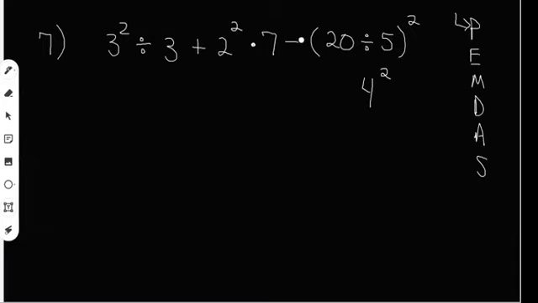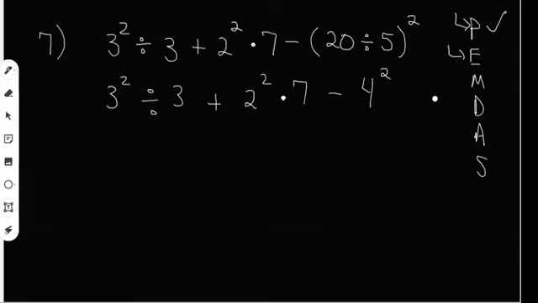I'm still going to have a minus out in front of it. And then everything else stays the same. You still got the 7, the 2 squared, and then everything else. So parentheses, done.